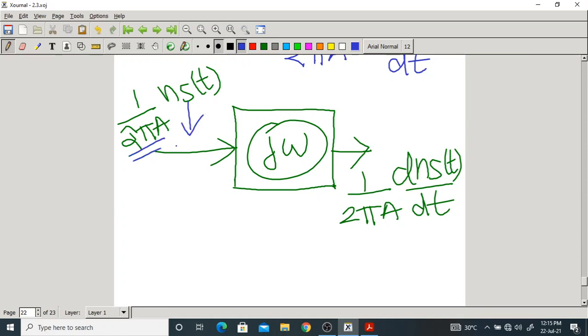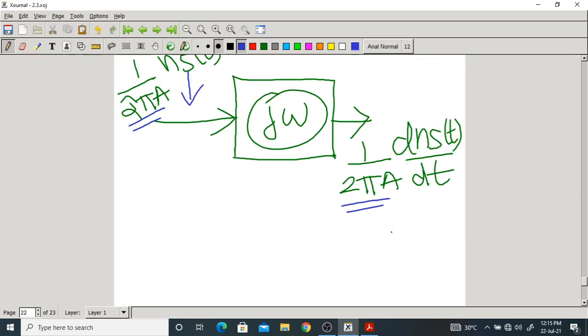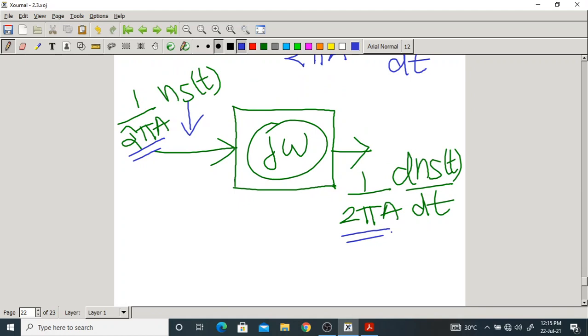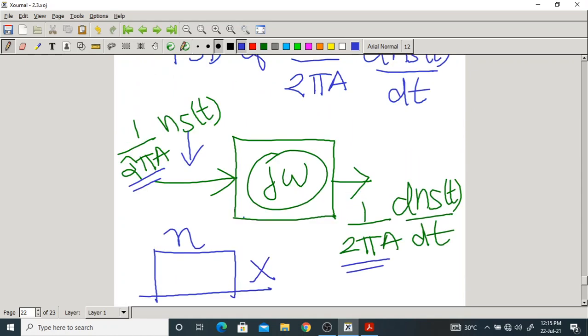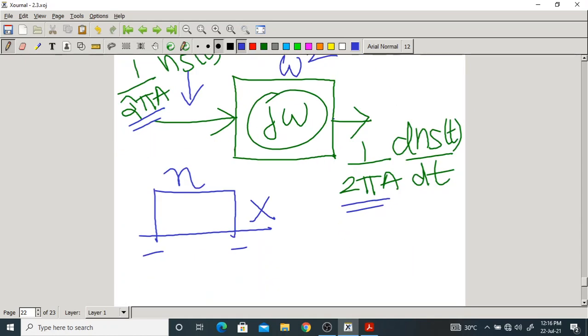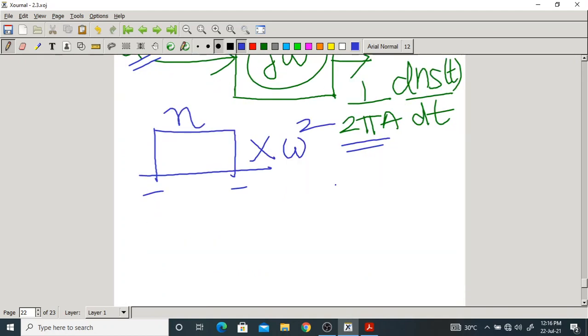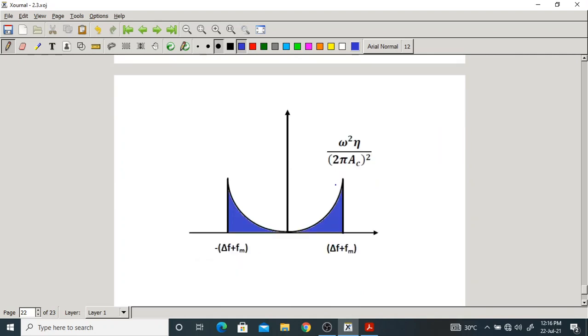I am not writing 2 pi a; that is okay later. Just now written eta. You know already these things. Into mod h of f whole square, which is omega square. Into omega square, it will be like this.